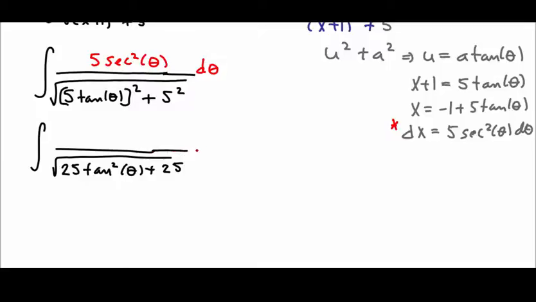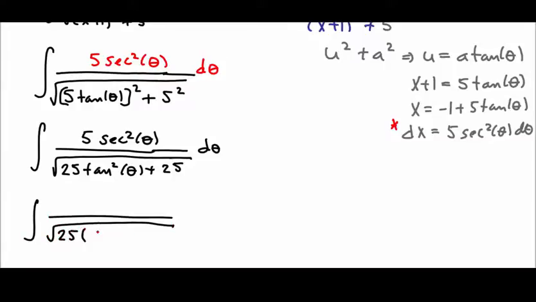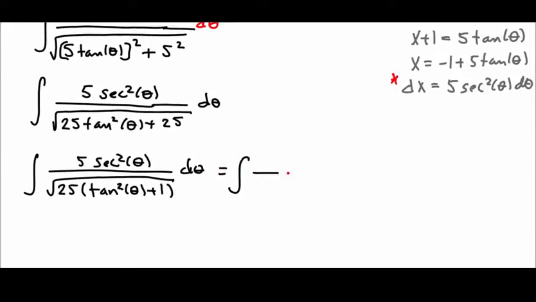And you can probably already see where this is heading. I can factor a 25 out of that denominator, still under the radical. I'm left with tangent squared of theta plus 1. Now under this radical, I can take the root of 25 times the root of tangent squared plus 1, because I can separate the radical over a product, just not a sum or a difference.